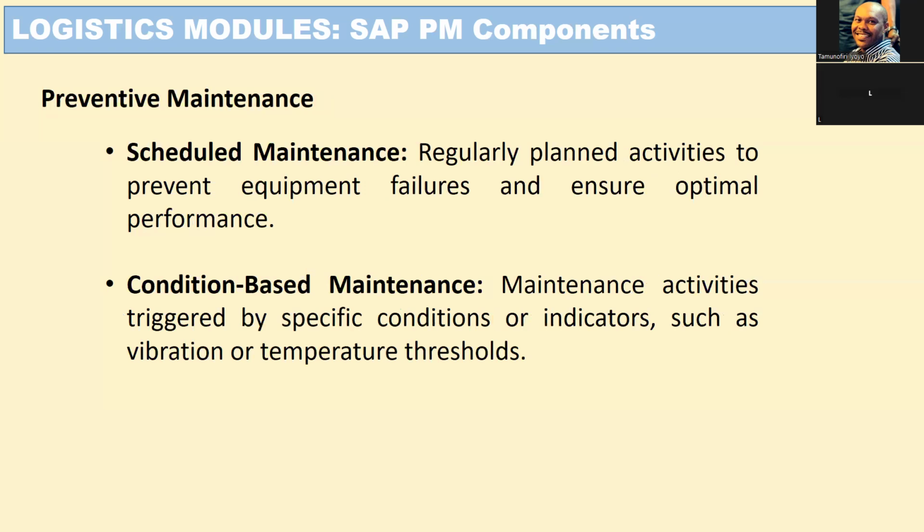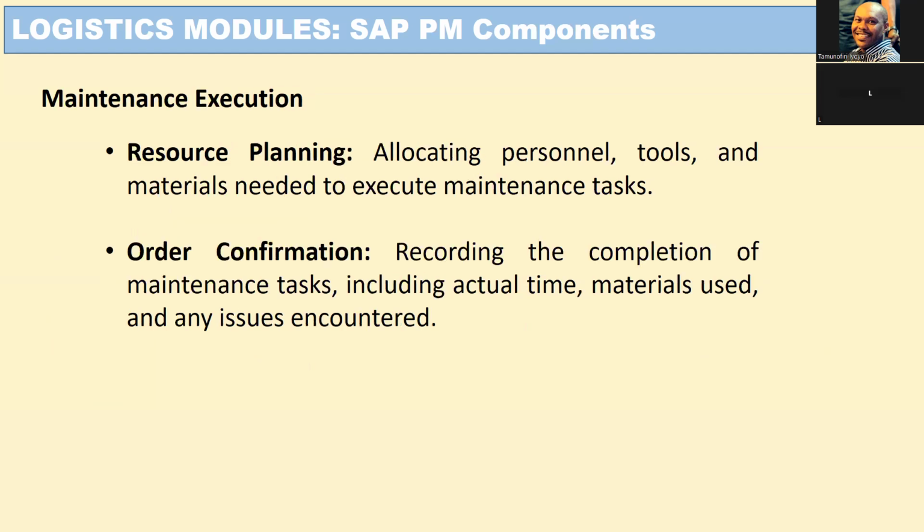Then in plant maintenance as well, we have preventive maintenance, which entails scheduled maintenance and also condition-based maintenance. Scheduled maintenance, as we said earlier, is for instance when you want to oil your gears every once in a while. If it's condition-based maintenance, these are maintenance activities triggered by specific conditions or indicators, such as vibration or temperature thresholds, as the case may be.